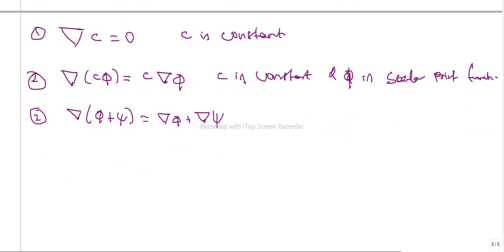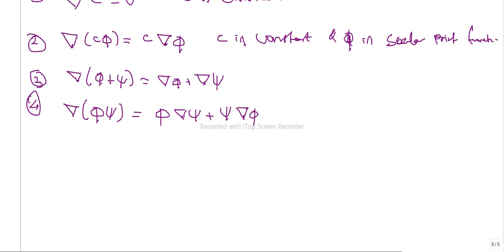And then the fourth one, the product of two things. Del of (π times ψ) is: fix π first and operate del on ψ, plus ψ times del π.